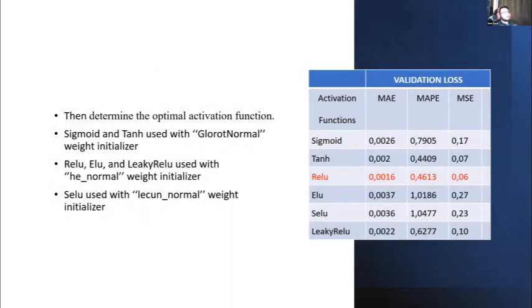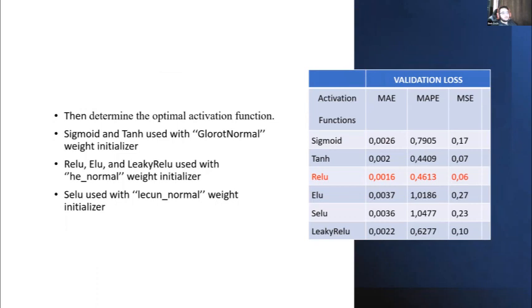Then I determined the optimal activation functions. Sigmoid and Tanh were used with Glorot normal weight initializer because every activation function is different and needs a unique weight initializer. ReLU, ELU, and Leaky ReLU were used with He normal, SELU used with LeCun normal.